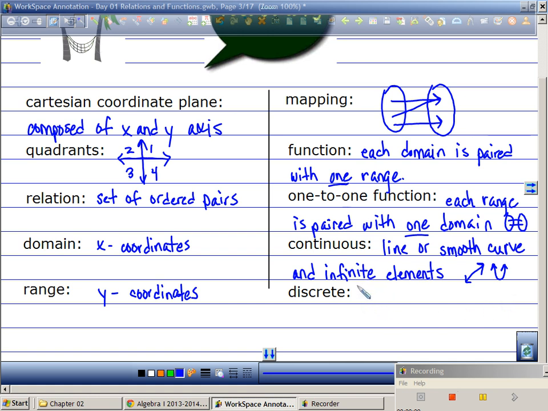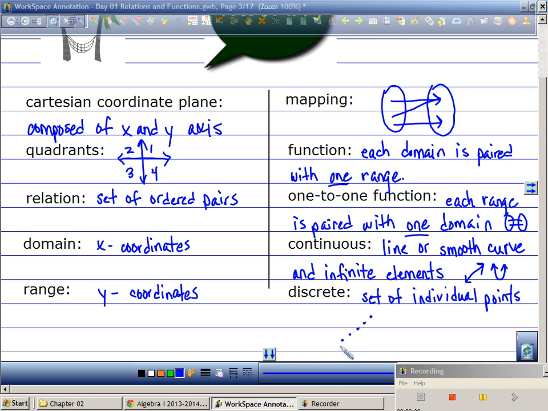And discrete, on the other hand, is a set of individual points. And this can be kind of confusing to students. This is a set of points. Somebody asked me in the last class, but when we graph, we have a set of points and we make a line. Well, we're saying that each one of those points is a solution of that line, correct?